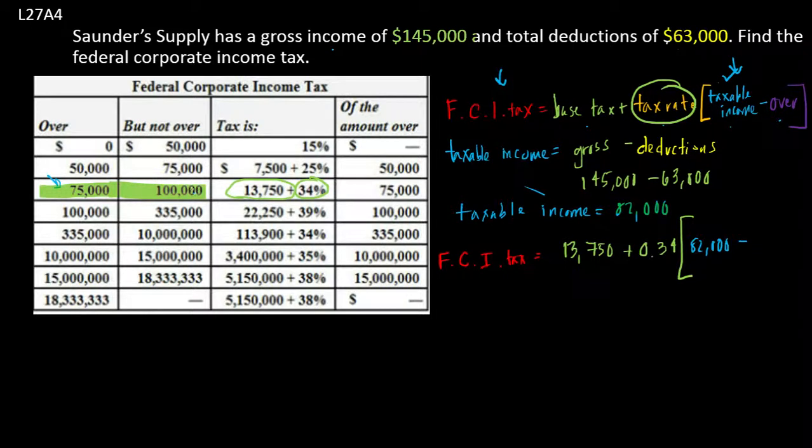So in this case, that means the amount over the lower end of the limit. So our tax is $13,750 plus 34% of however much our income is over $75,000. Again, since our taxable income is $82,000, which is over 75 but not over 100, our tax is $13,750 plus 34% of the amount we've exceeded 75,000.